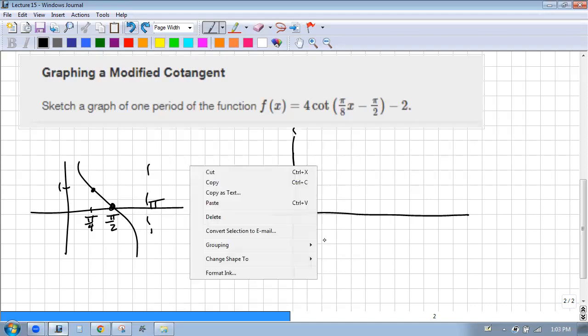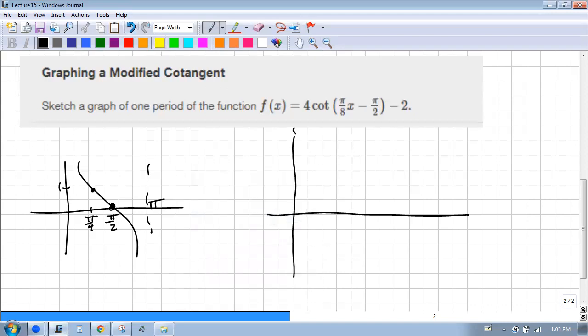So first off, let's figure out what our period and our shift are going to be. The period is always pi over b, and b here is pi over 8. 1 divided by an eighth is 8, so we have a period of 8. And then our phase shift is going to be to the right, and it's always c over b. It's pi over 2 divided by pi over 8.